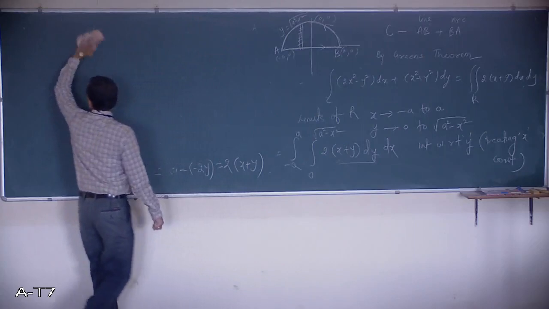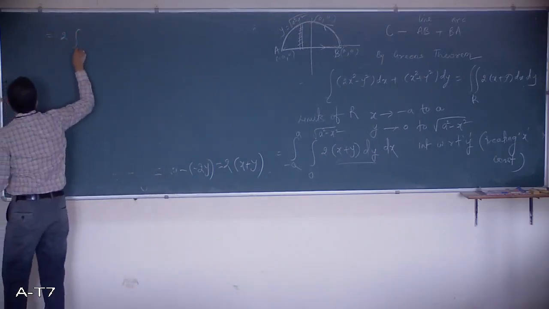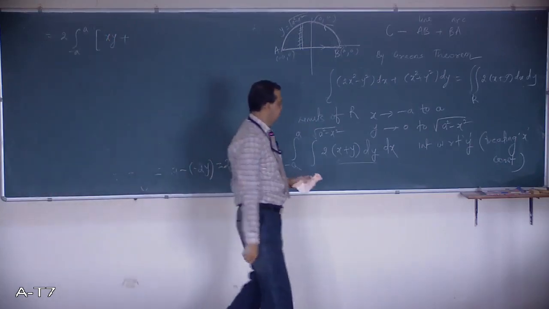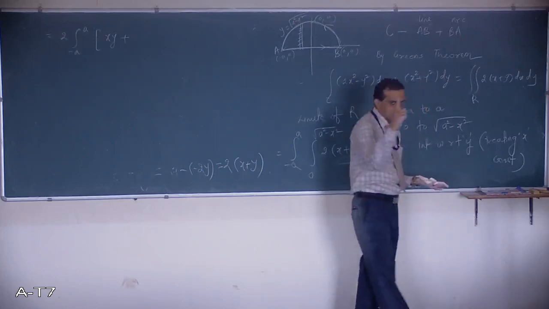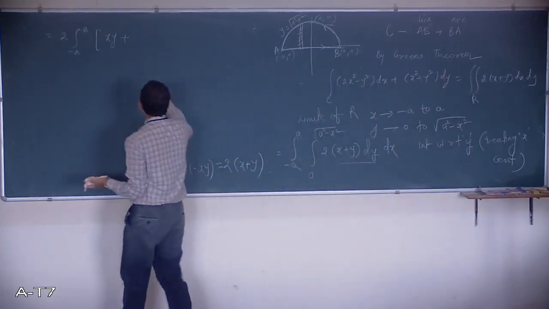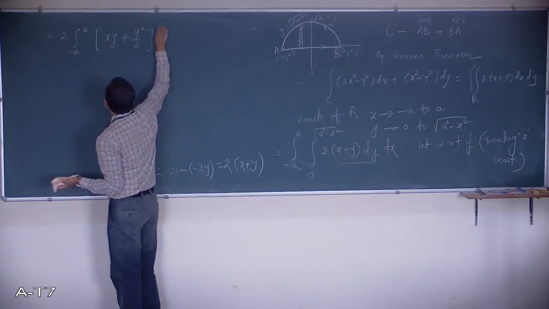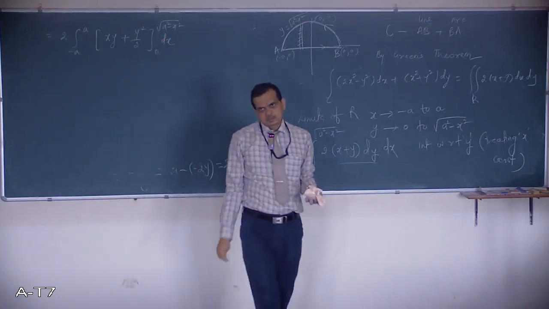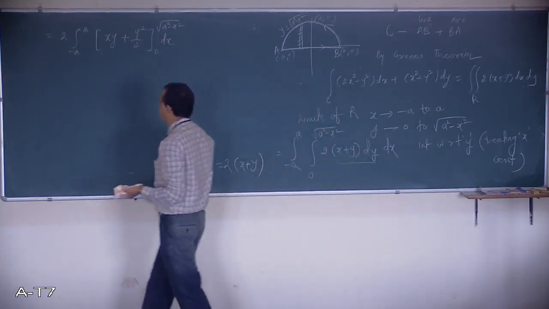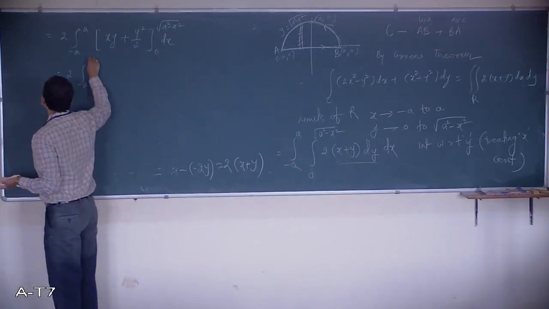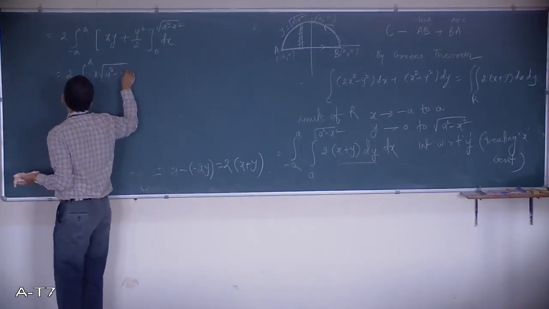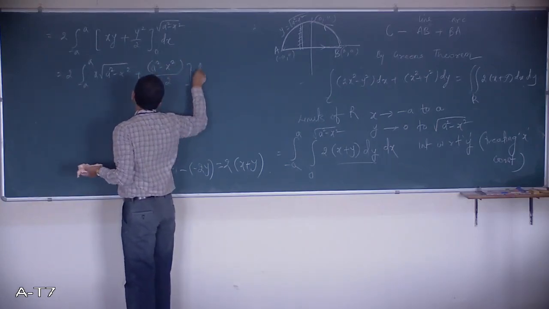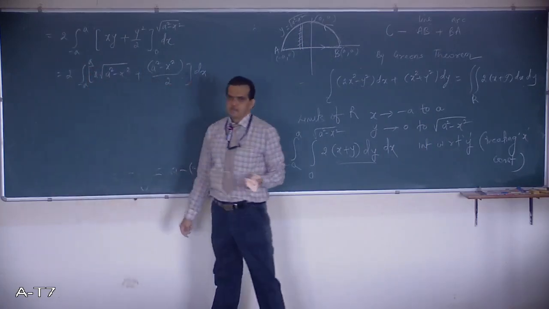So this will be 2 times, from minus a to a, xy plus, because it is with respect to y, x is constant, so y will come from integral of 1, and for y the integration is y square by 2. Correct. The next step is just to substitute. Remember, I am writing this: a square minus x square, after squaring, the root will go.